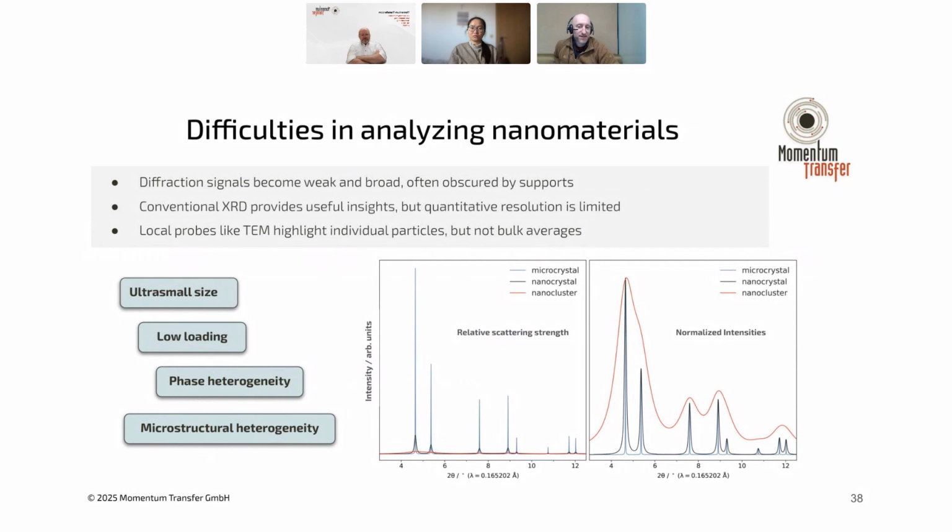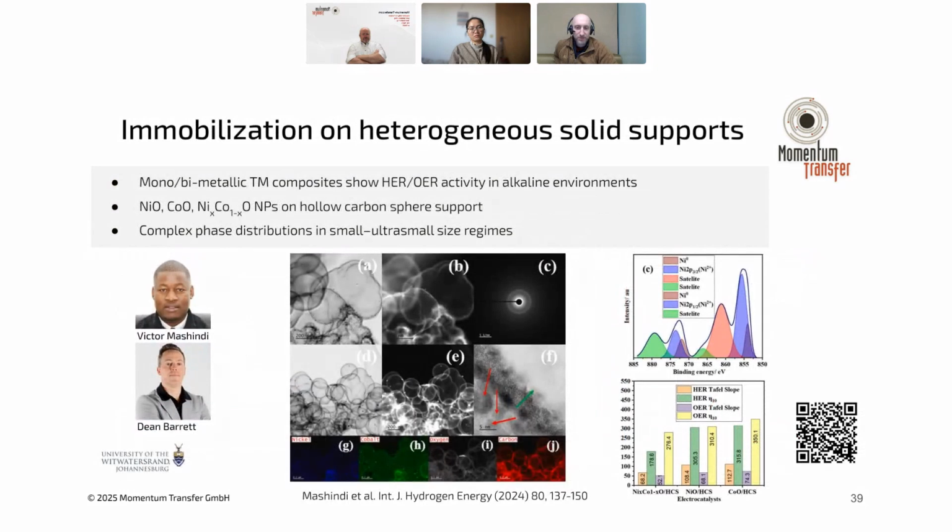So the intensities go down by potentially orders of magnitude, and the ability to decouple these peak contributions to actually resolve the positions and relative intensities becomes much more difficult. So how do we manage this? I'll show you exactly how we can do that with PDF, starting with this example.